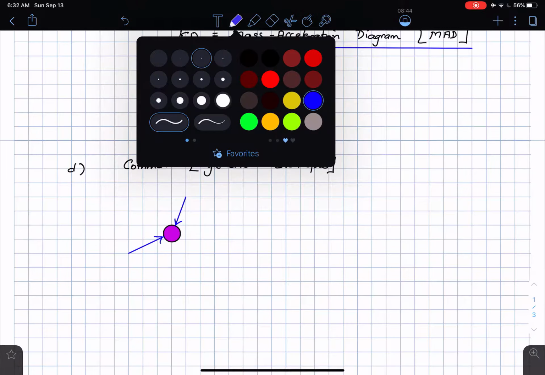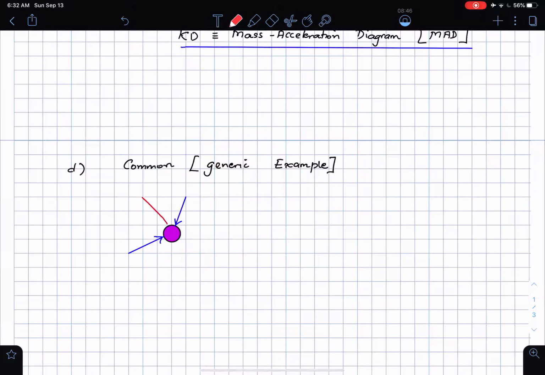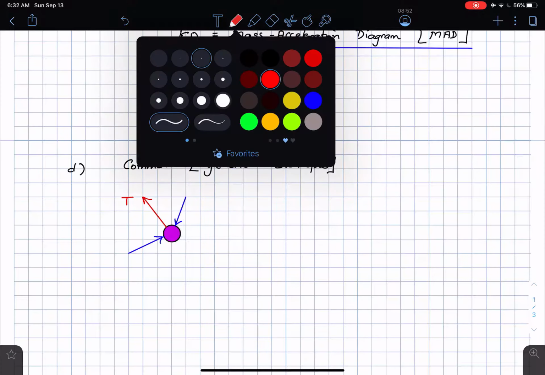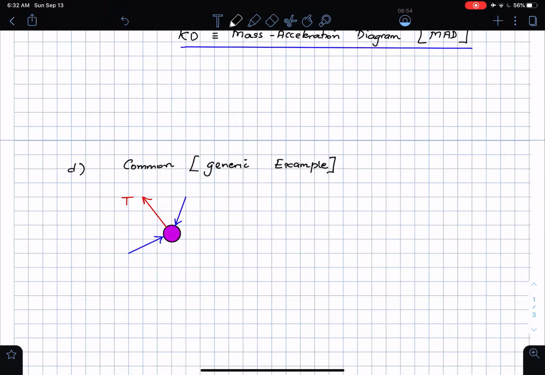Maybe the particle is held by some kind of string, so this could be the tension of the string. Then perhaps these are some external forces F1, these are some forces F2, and so on. This is the FBD. Now the kinetic diagram, typically what you do is this: I draw the same particle, of course.